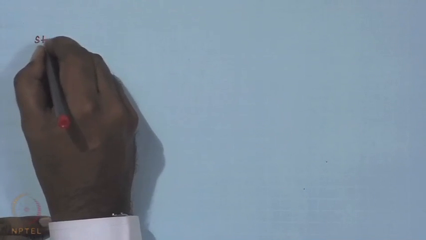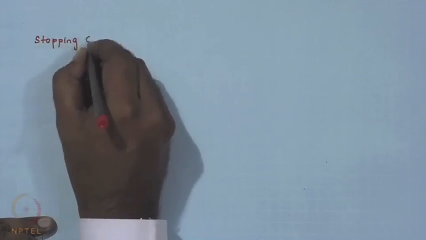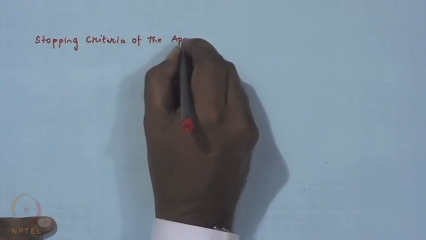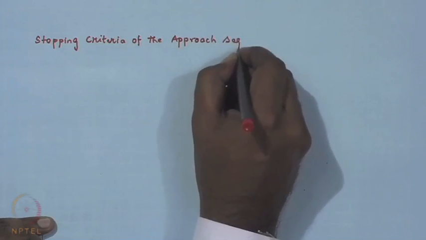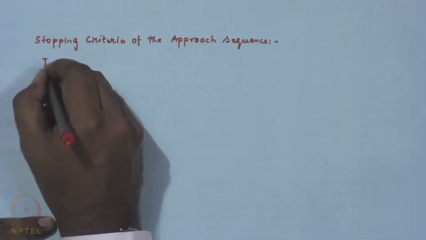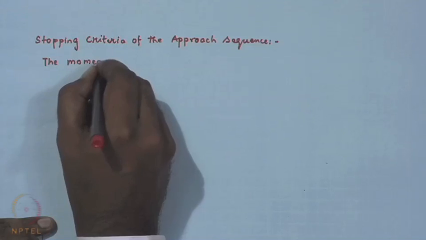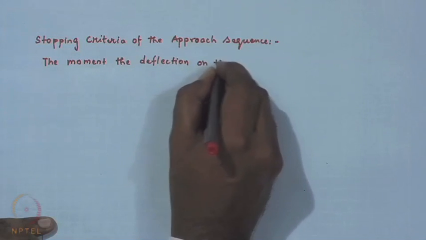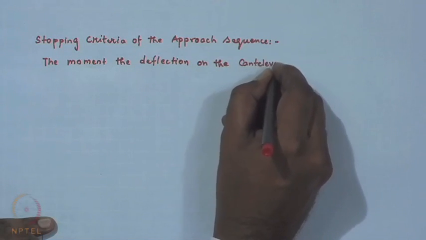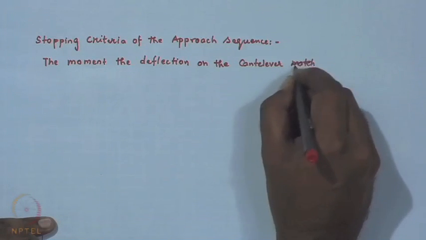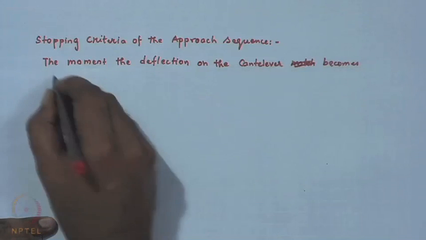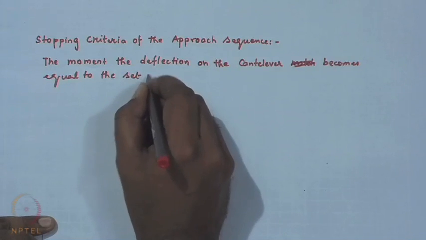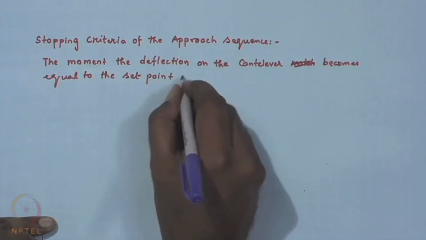So, the stopping criteria of the approach sequence: the moment the deflection on the cantilever becomes equal to the set point, which is user defined.